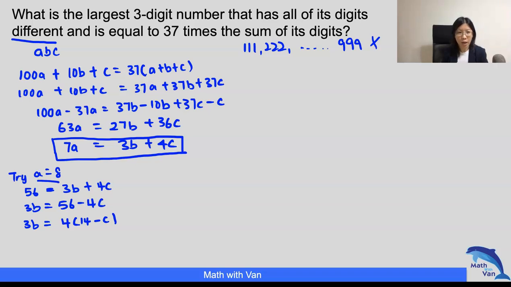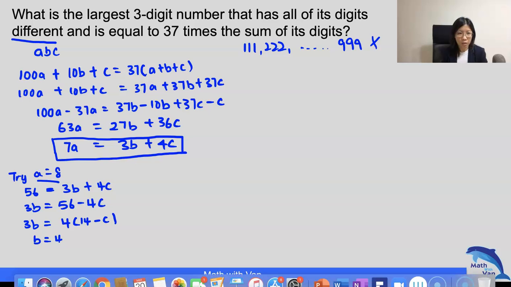But we have already used up A equals 8, so B cannot be 8. So B has to be 4 in this case. But if B equals 4, can this equation still hold?